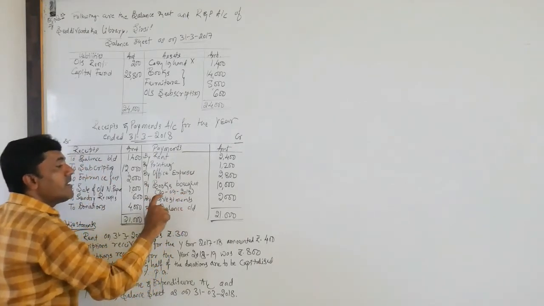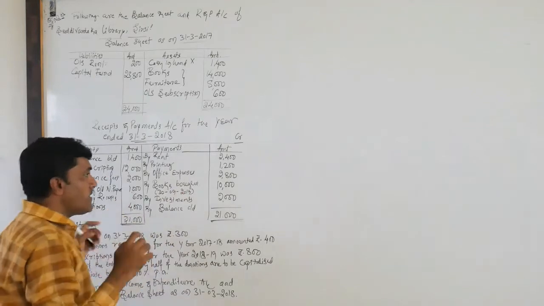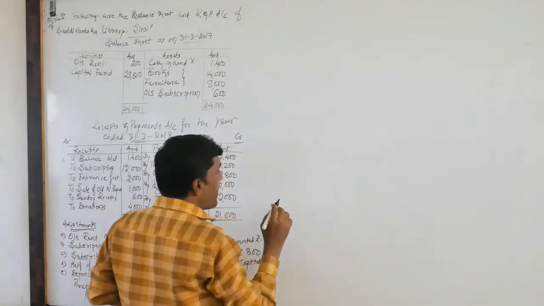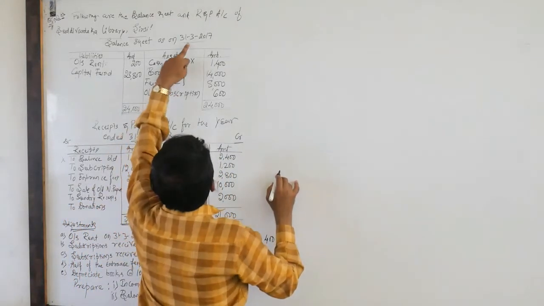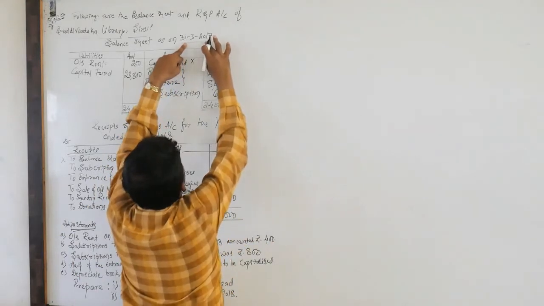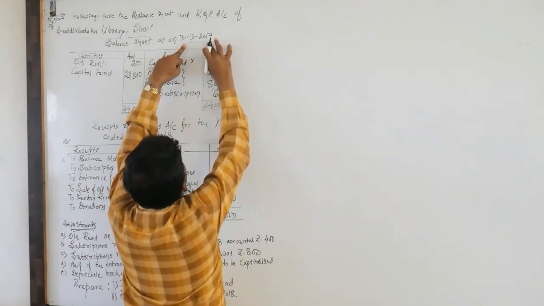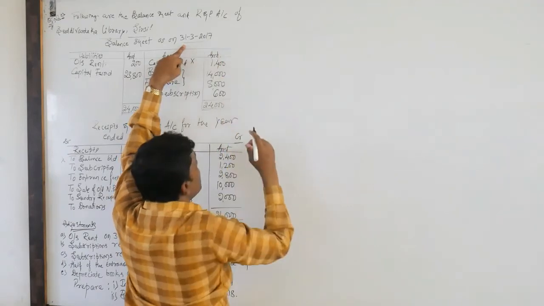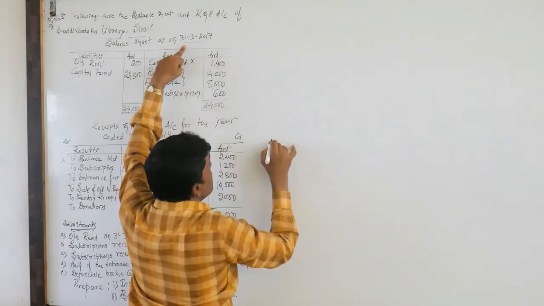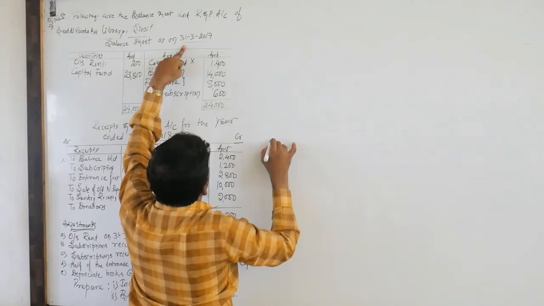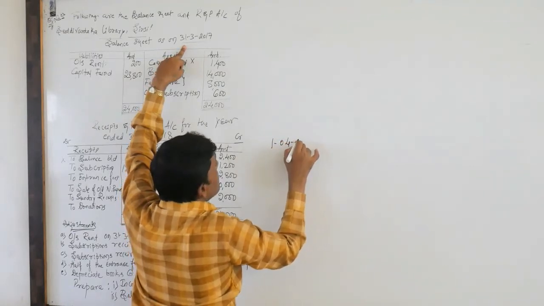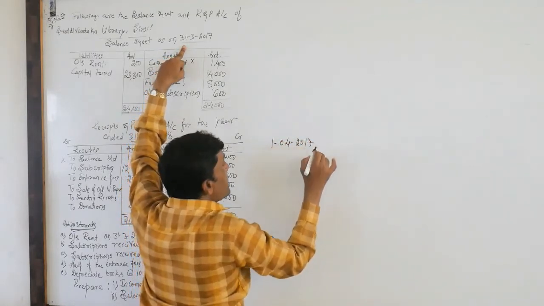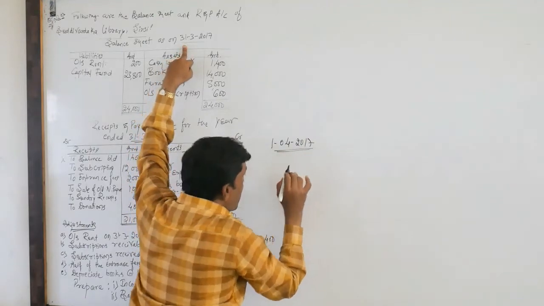30th/9/2017. I would like to say one more thing. The current year's opening date: this is the closing date of the previous year, so what is the opening date of the current year? 1/4/2017 is the opening date for the current year.